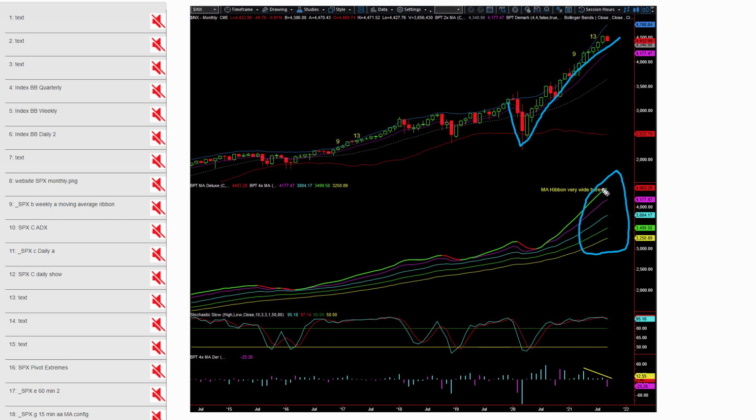So eventually, this is going to need to go through some sort of consolidation period that's going to result in either a long time sideways move or a hard correction in price, or both. Eventually, this will need to be worked off. So longer term, this is what concerns me. We could see a consolidation lasting a year long to work this off. So that's what concerns me longer term.